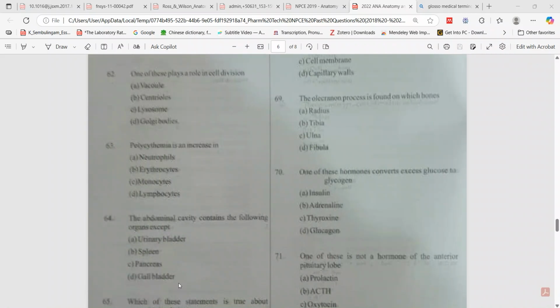Question 63. Polycythemia is an increase in erythrocytes. When you go for a blood test, maybe your PCV, and they say you have polycythemia, it means you have excess erythrocytes in your blood.